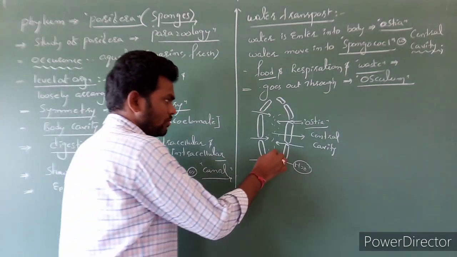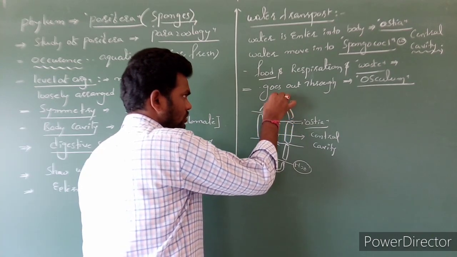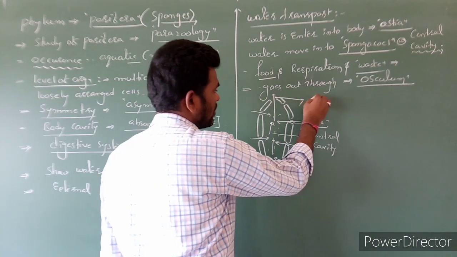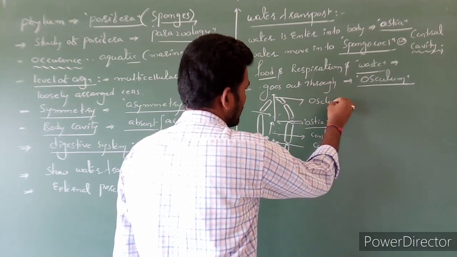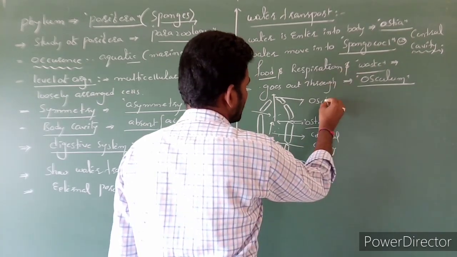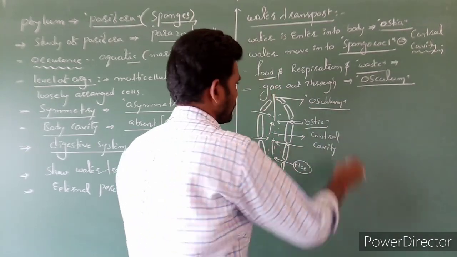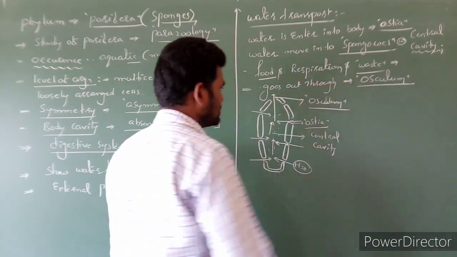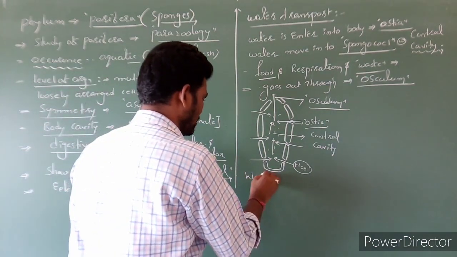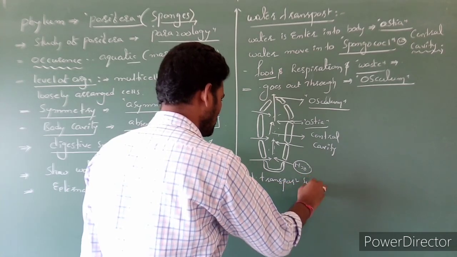Next, these water molecules go out again through this external pore. So this is called the osculum, C-U-L-U-M. So this is the water transport system.